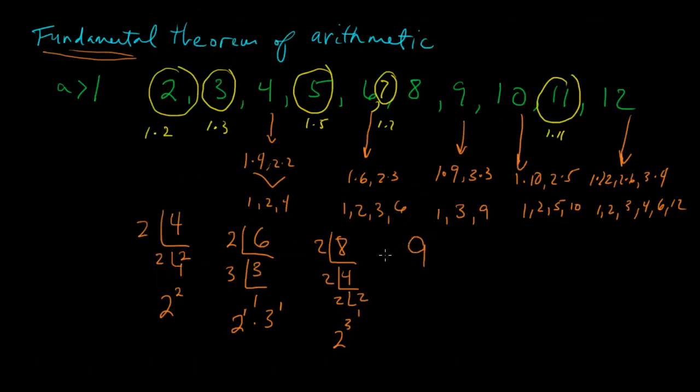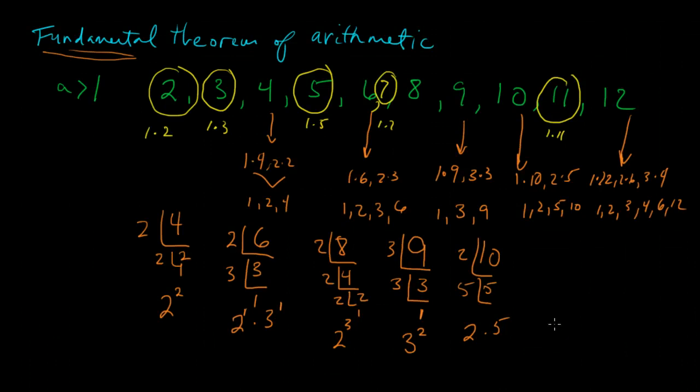And 9, while not divisible by 2, is, however, divisible by 3, leaves you with 3, and 3 divides by 3 one time. So 9 is 3 to the second power. This is our fundamental theorem of arithmetic, where all numbers are the product of prime numbers.